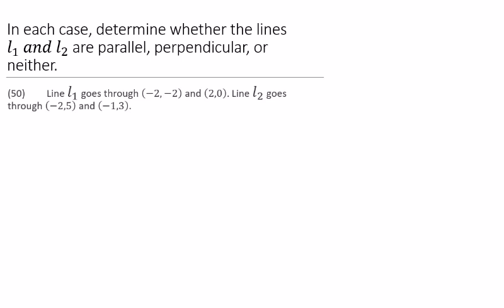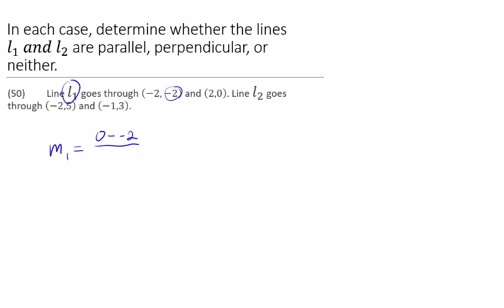So number 50, L1, L2, same thing, right? So I'm going to find the slope of L1. It's going to be y2, which is 0 in this case, minus y1, which is negative 2. So it's going to be minus a negative, right? Because there's a built-in negative in our formula, y2 minus y1.